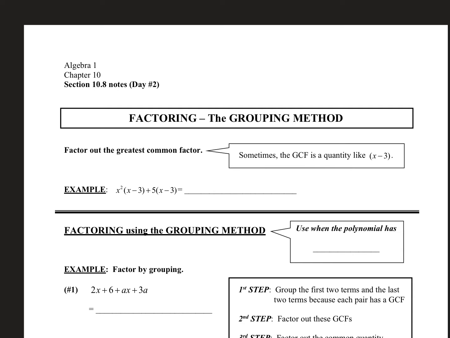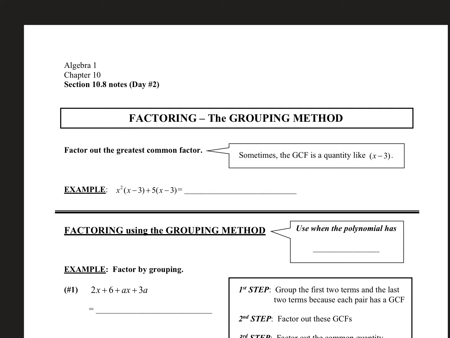Okay, so factoring out the greatest common factor. Sometimes the GCF is a quantity like x minus 3. So let's look at this first example here. We have x squared times x minus 3 plus 5 times x minus 3. So both of these have a factor of x minus 3, all right? We're used to factoring out a number or a variable, but we can also factor out a quantity.